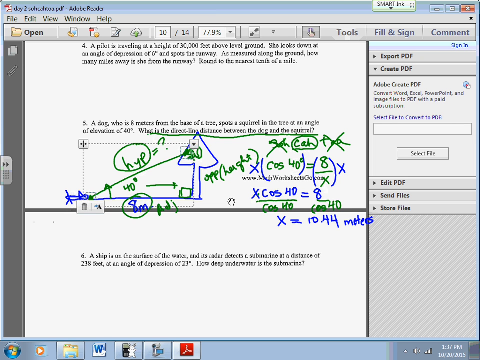Yeah. One question, Paul? Yeah, just to make sure you divide by x with the denominator. I divided by x. No, in the beginning. Oh, in the beginning I had 8 over x because the cosine is adjacent divided by hypotenuse. The hypotenuse is x. We don't know what x is. So when we set up the equation, to undo the division of x, we had to multiply by x.